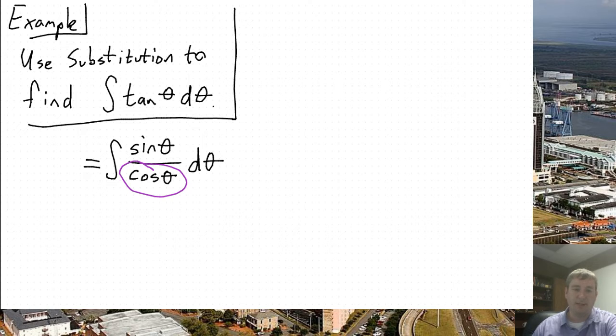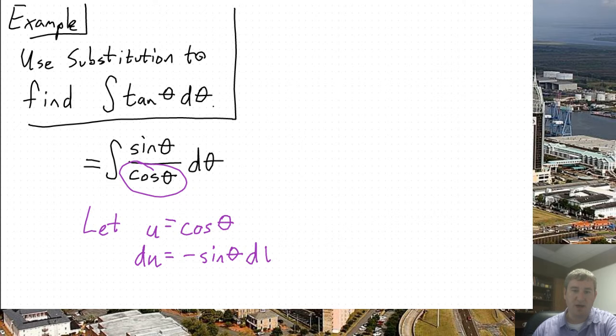So I'm going to let u equal cosine, and then du would be negative sine, since cosine becomes negative sine when you take its derivative. I don't see a negative sign in the original problem. That's fine. I'll just stick that negative over on the left, cancel it on the right. And so now my top, sine of theta d theta, will become negative du.